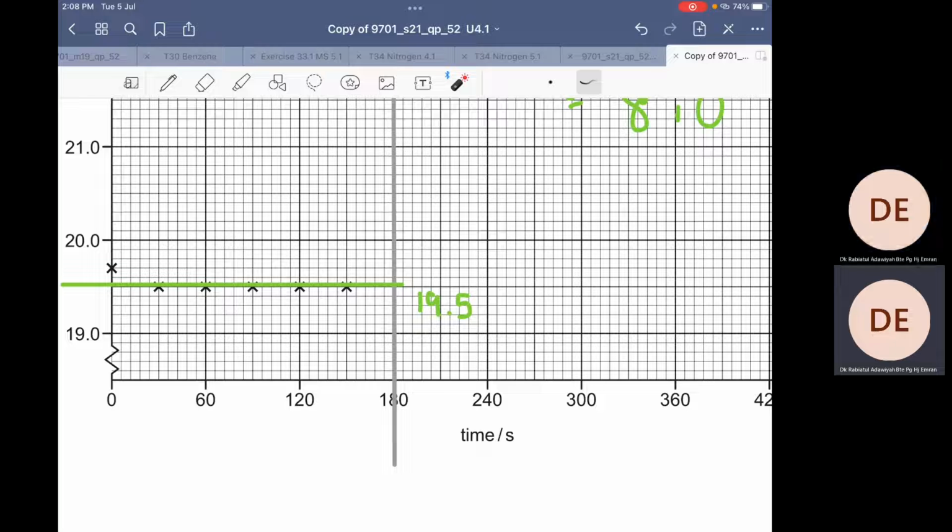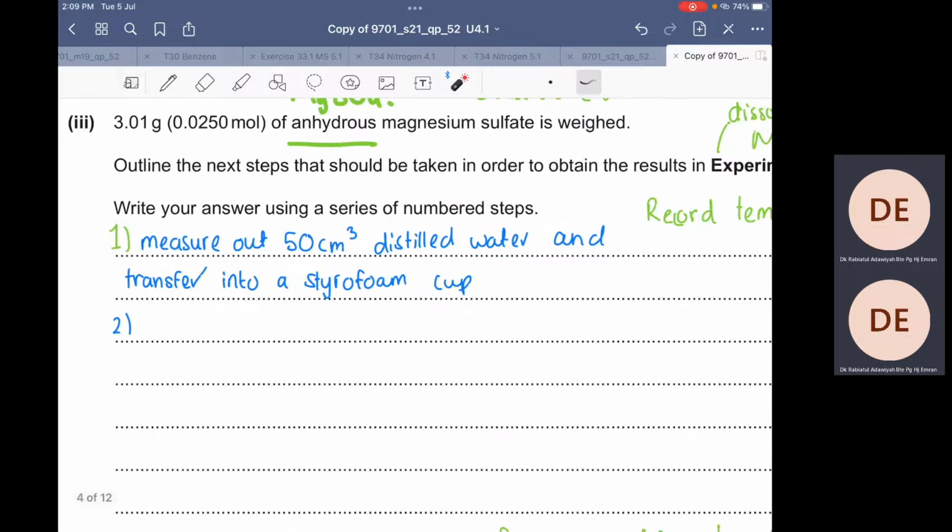What is the interval at which we measure the temperature? Every how many seconds? Every 30 seconds. Okay, so every 30 seconds, we record temperature. So that's before the addition of the solid.